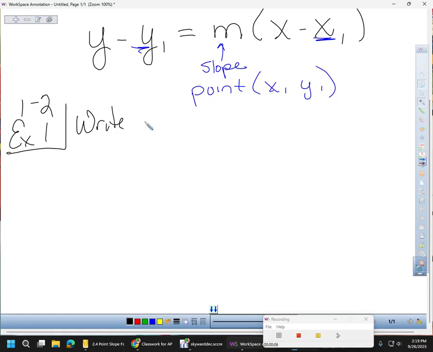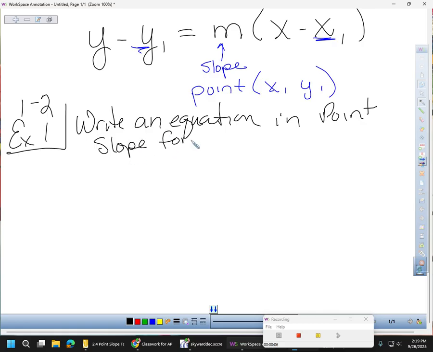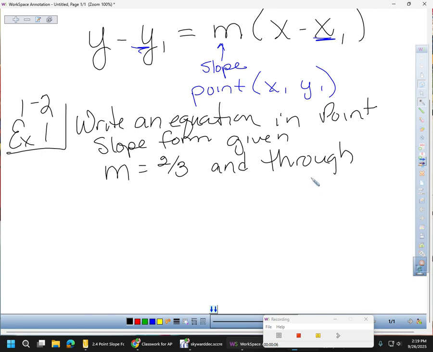Write an equation in point slope form given m equals 2/3 and through, let's go -3, 1.